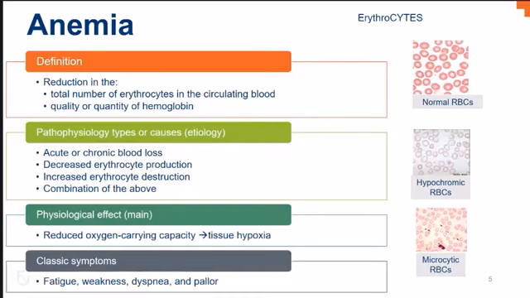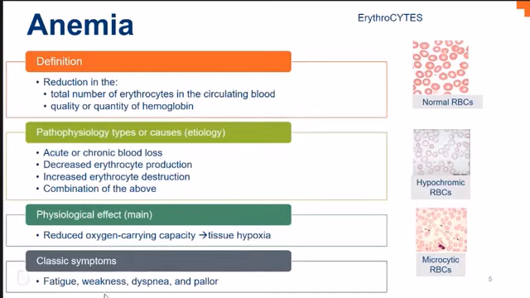We're talking trillions, 20 to 30 trillion red blood cells at any given time. If this number is reduced, or if the quantity or quality of hemoglobin as part of the red blood cells is affected, then it can lead to tissue hypoxia, which means cells are not getting enough oxygen for proper function.